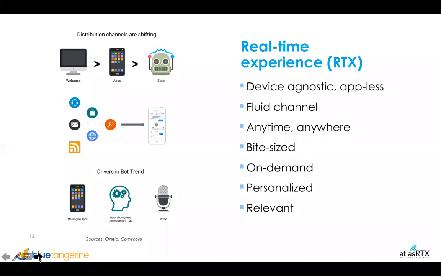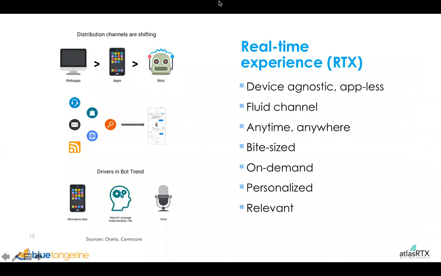So we're seeing all of those channels converge, and the functionality and capabilities of messaging apps expand to be inclusive of everything, from finding information to communicating with an organization all the way to the end of that path to purchase. We've become quite spoiled in that way, and we really want to be able to do things anytime, anywhere, on our mobile devices, and to get the information that's relevant to us in bite-sized pieces.